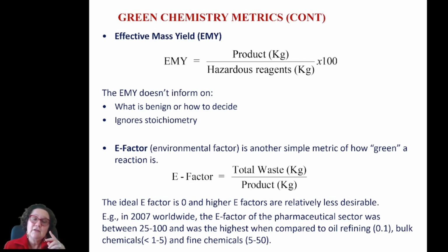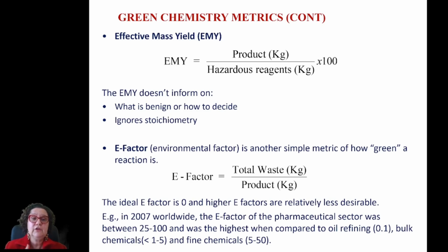That's why we wear safety glasses and lab coats and use gloves, because we are trying to minimize that hazard. So how do you decide what is benign, and how do you decide, oh, this is what I'm going to consider a hazardous reagent? And there isn't a sort of accepted standard.